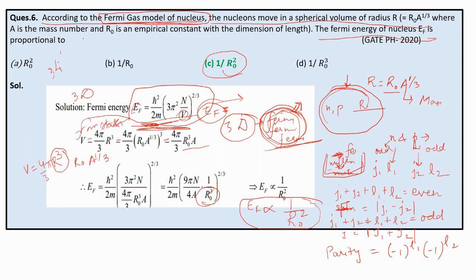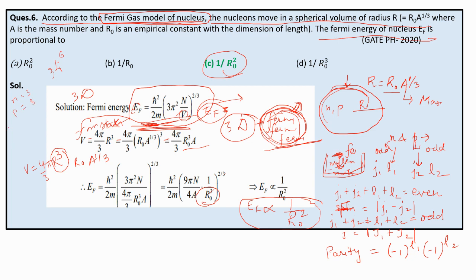Seven minus three would give even, so we take six. So this is three, six, three. Six minus three is three. Both are odd, that means n is three and p is also three.